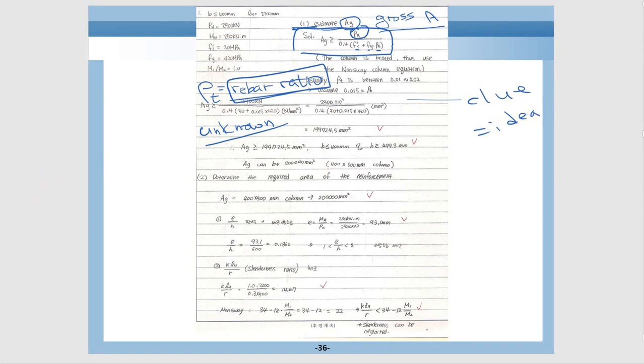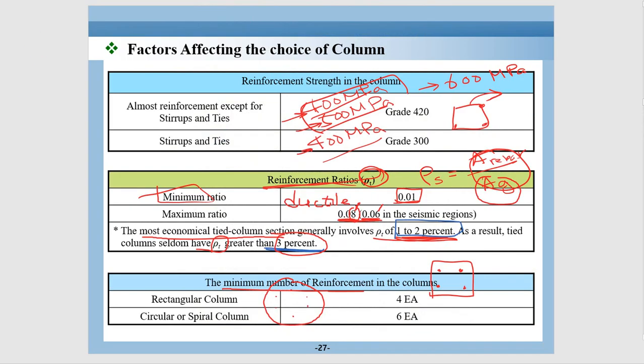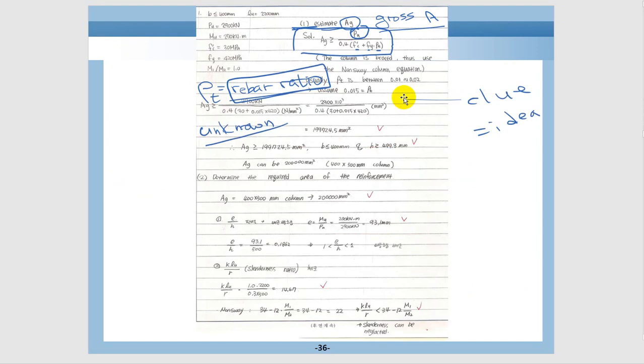If you remember, we can assume rebar ratio based on these recommendations right there. Okay. So rebar ratio can be assumed based on this recommendation, economic for tied column sections. So 1 or 2%. We are very fortunate to know this value.